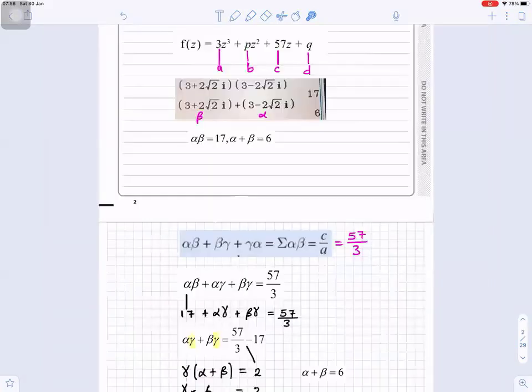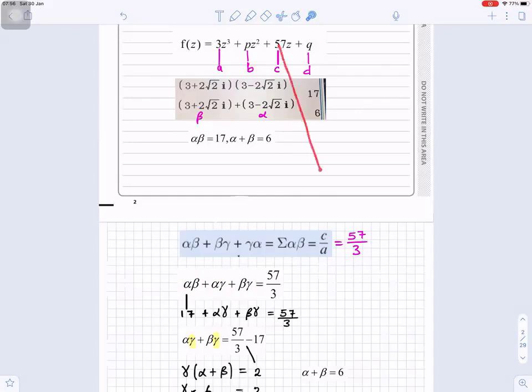And when we want to find c over a, c is 57 and a is 3. So c divided by a is 57 divided by 3, and that will represent alpha beta plus alpha gamma plus beta gamma.